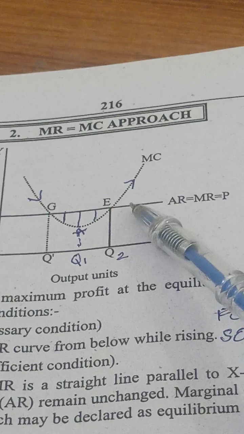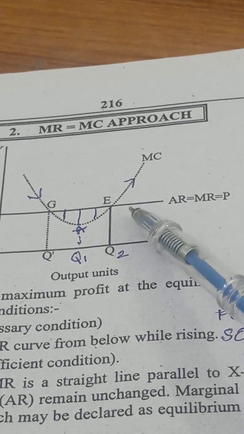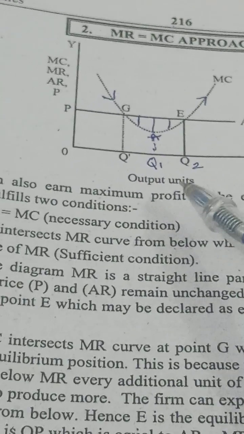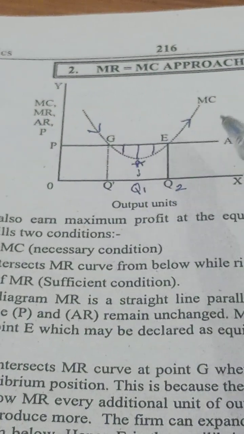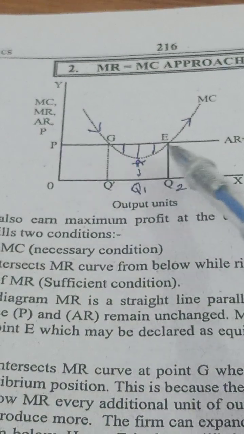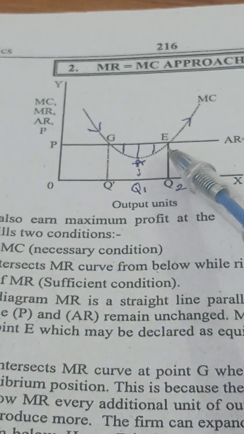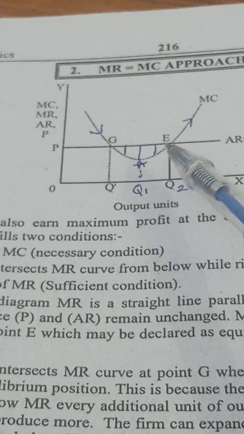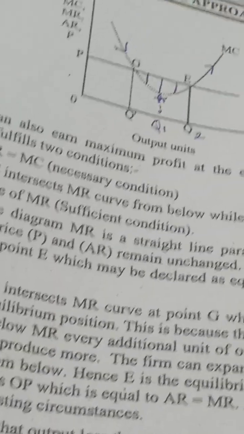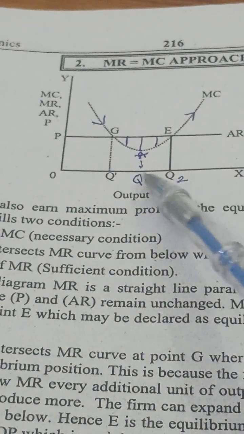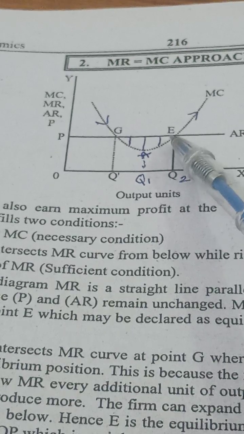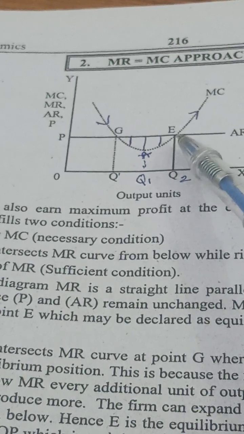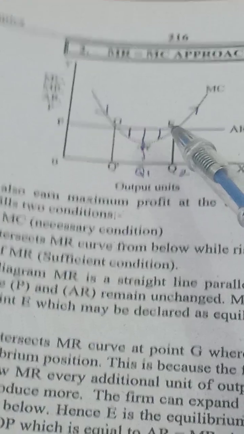In the loss section, the firm will not produce output. It means the first order condition is marginal revenue equal to marginal cost. Points G and E both satisfy this condition, but the second order condition is that marginal cost must be rising at the equilibrium point. It is satisfied only at E.